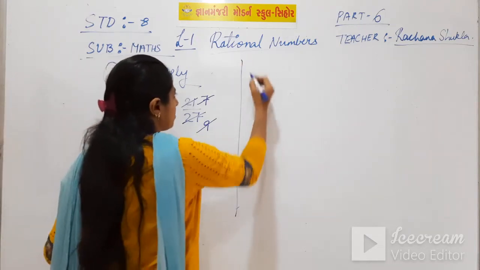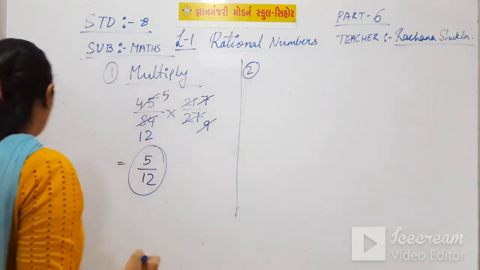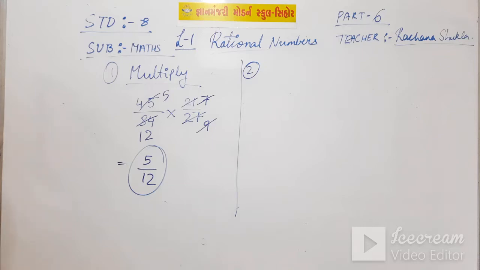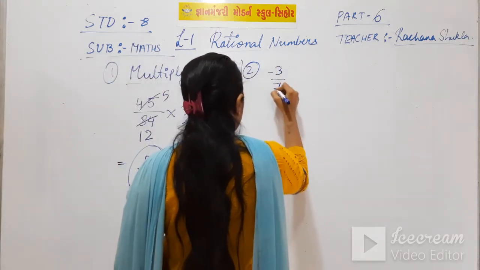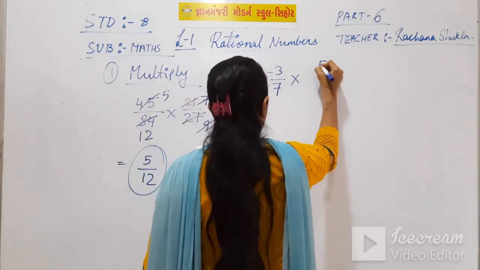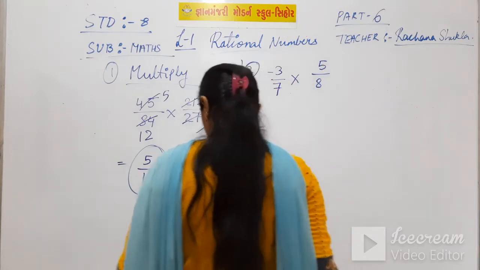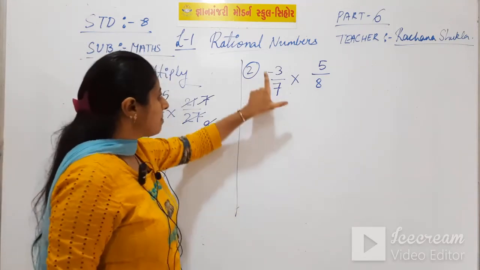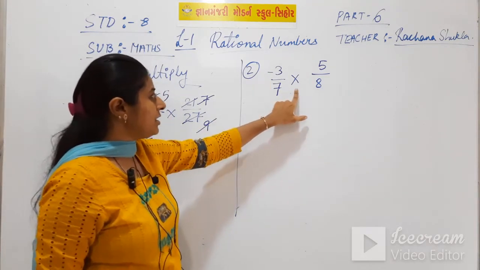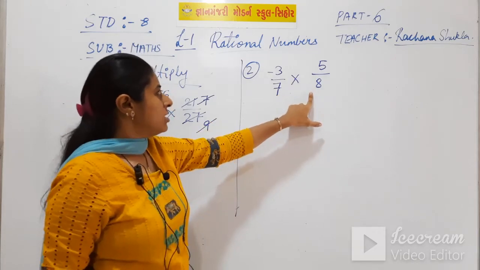The second one. Note down the sum. Minus 3 upon 7 multiply by 5 upon 8. Here, minus 3 upon 7 into 5 upon 8.